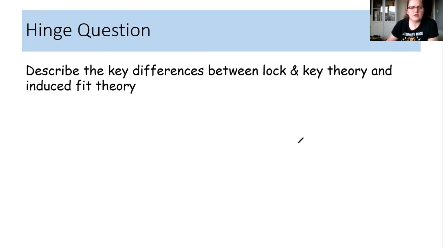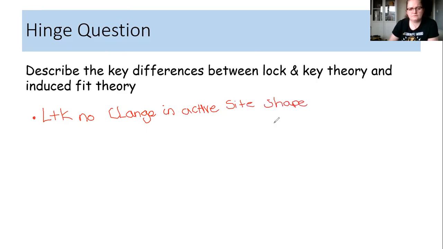Describe the key differences between lock and key theory and induced fit. Lock and key, and I've just put L and K, we have no change in active site shape. And that is the key difference. There is no change in the active site shape.